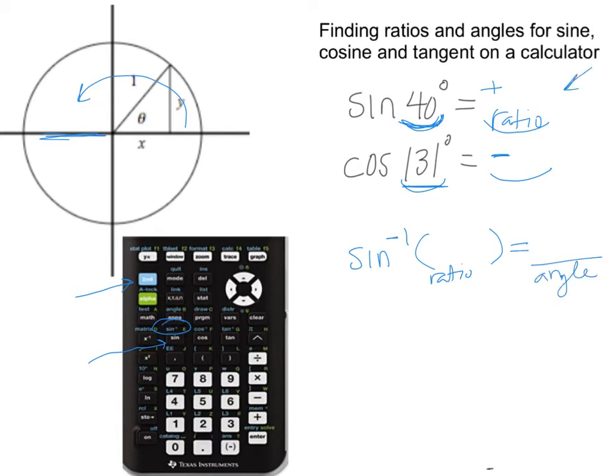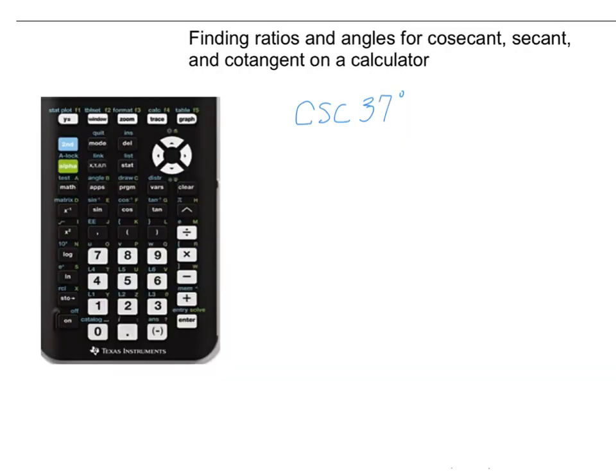So I'm going to be using this method on the calculator to find the ratio given an angle. This time I've been given a ratio and I want an angle. So if I put 0.9962 in here, I should get 85 degrees.